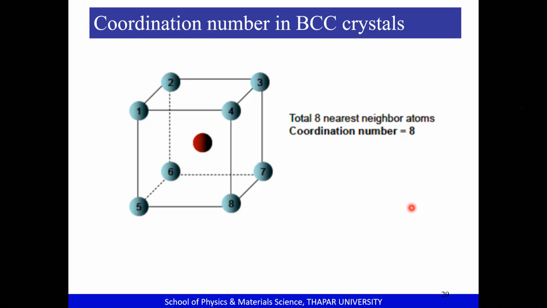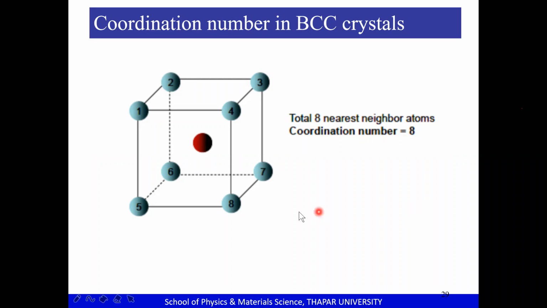So we know that you have 4 possible body diagonals passing through the central atom. And if I measure the length of the body diagonal vis-a-vis to the center of the body atom, then they are all equidistant. What is my point?